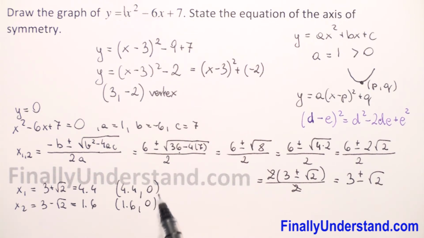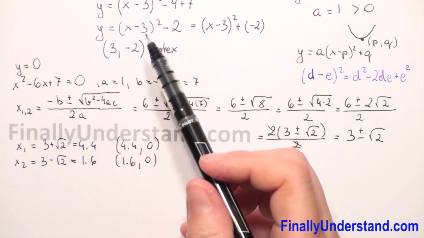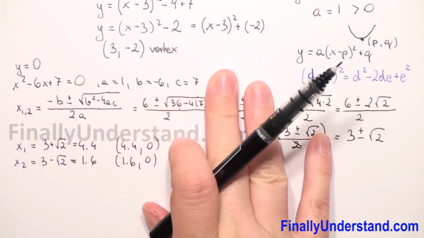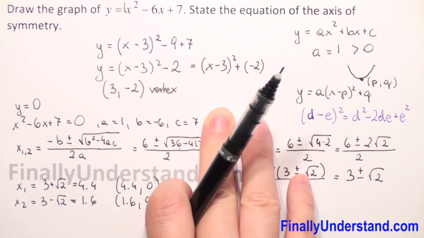We have 2 points in which our parabola crosses the x-axis, and how do we find the coordinates of the point at which our parabola crosses the y-axis?